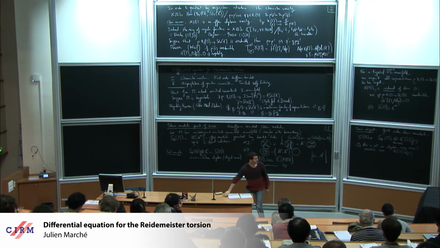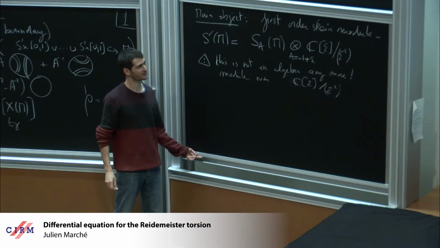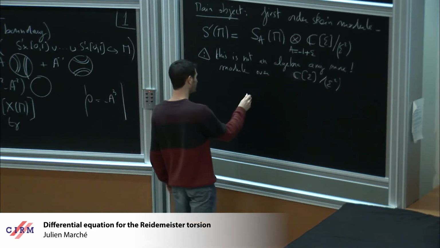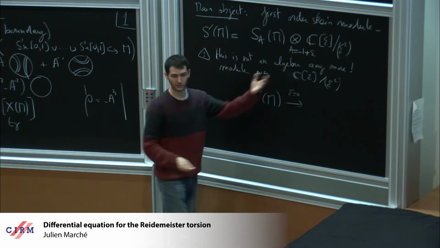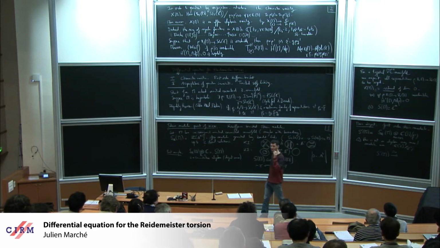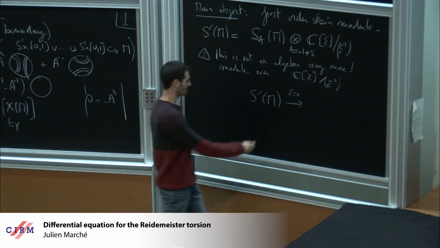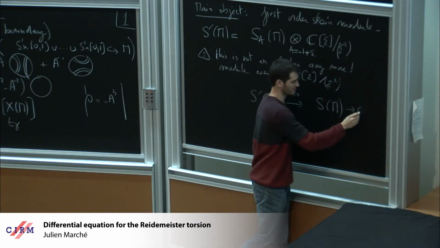Let me say something about the relation between S prime of M and S of M. At least I can write a diagram, which is easy. If you take epsilon equal to 0, if you divide by epsilon, you get back something in S of M, and this is surjective, quite obvious.